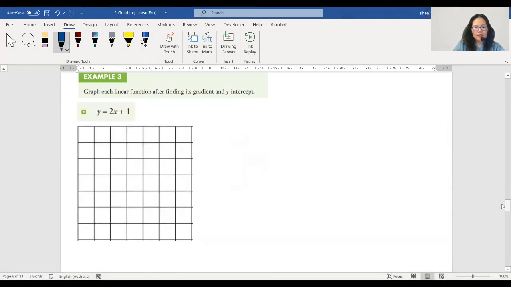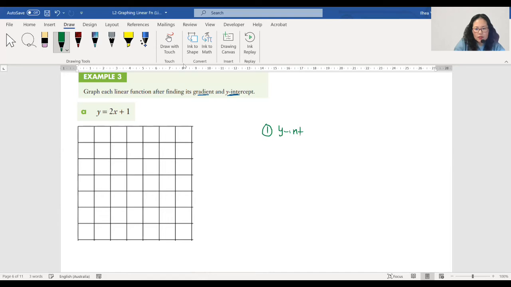Okay, example 3. We're going to get straight into the graphing now. After finding a gradient and y-intercept, sketch it. But we can do better than that. We're going to find one more, which is our x-intercept. So here, first, we need our y-intercept.